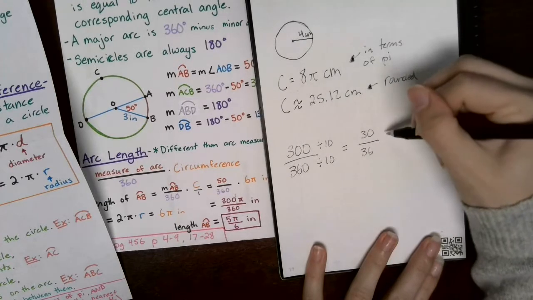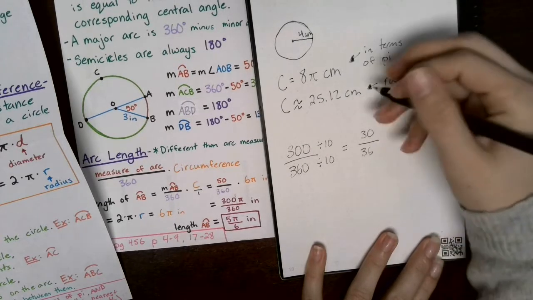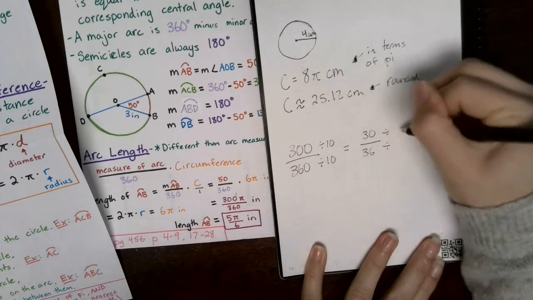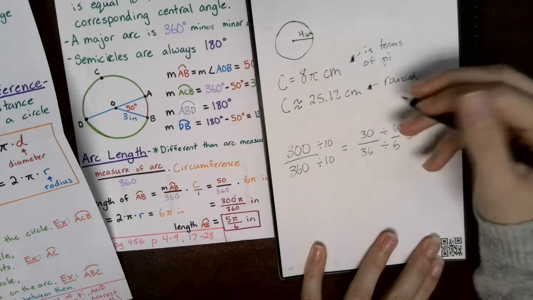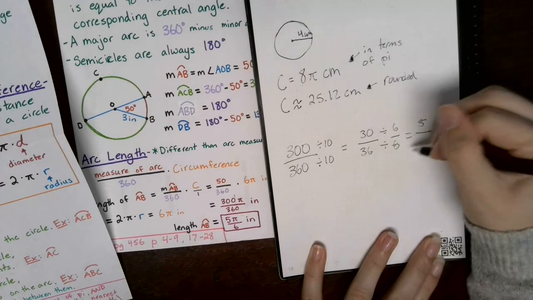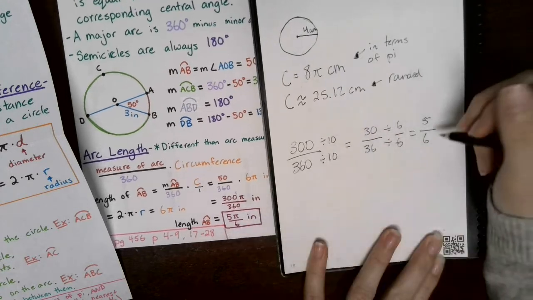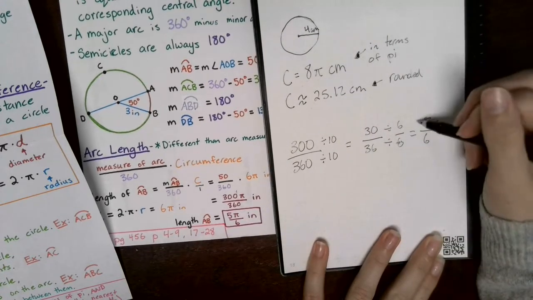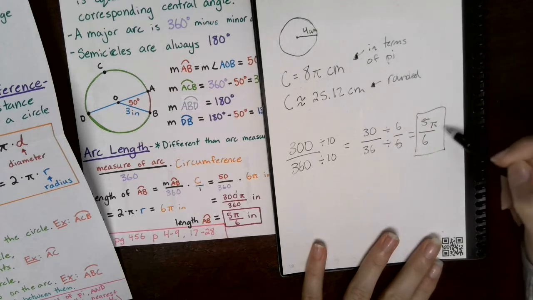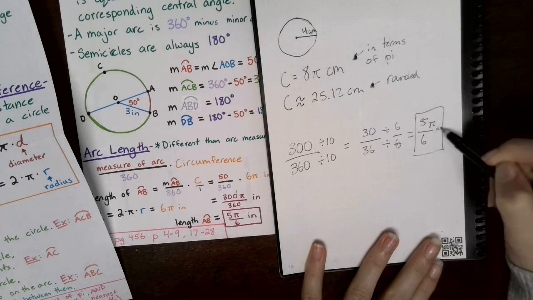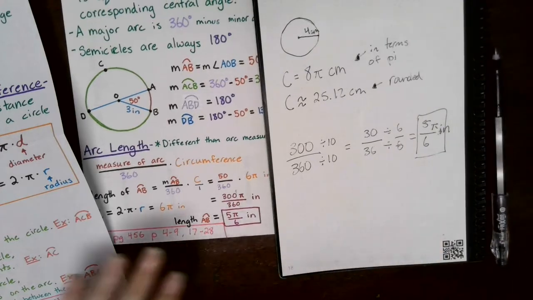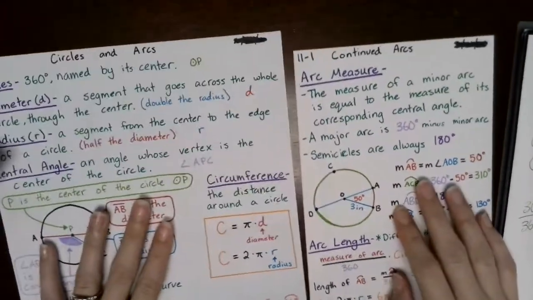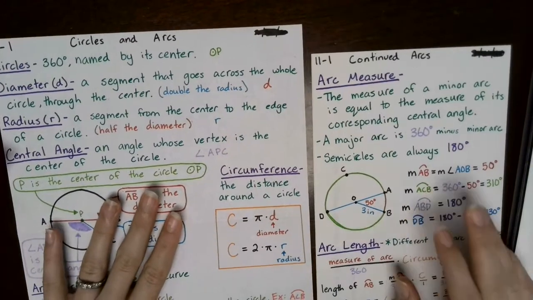Well, I know that 6 goes into both of those. So I divide the top and the bottom by 6, and 30 divided by 6 is 5, 36 divided by 6 is 6, and then don't forget the pi, okay? Don't forget pi. Your answers are wrong without pi, and then our units are inches, okay? So that is what 11-1 circles and arcs is all about.